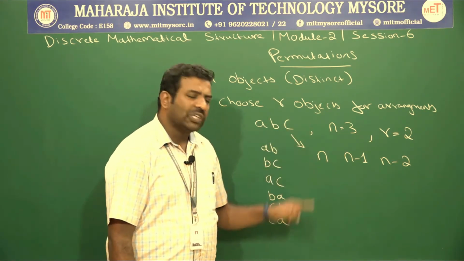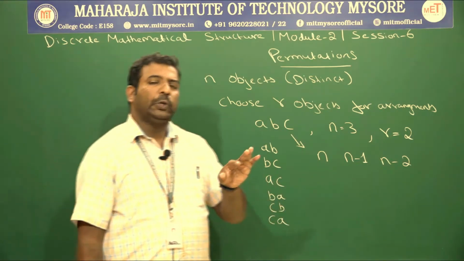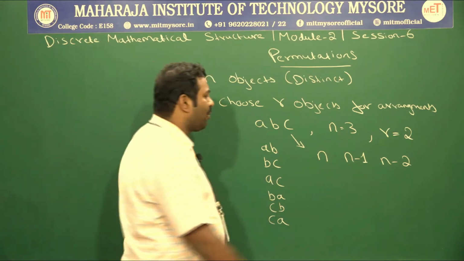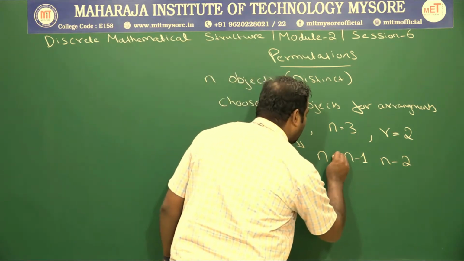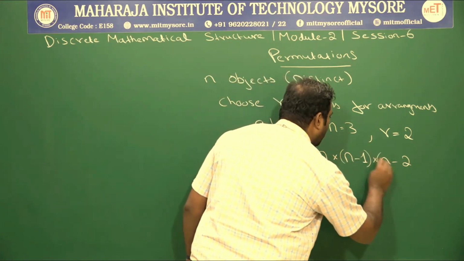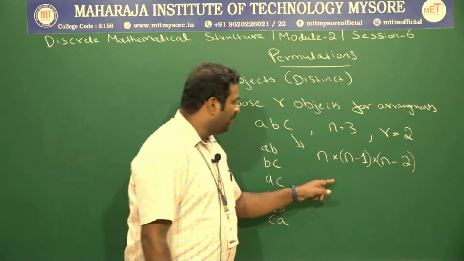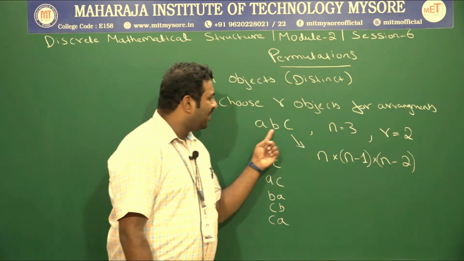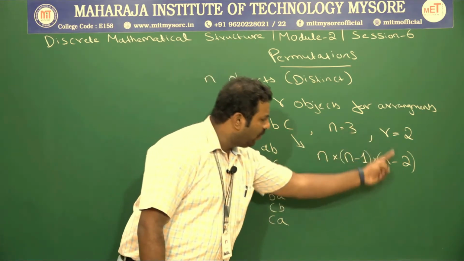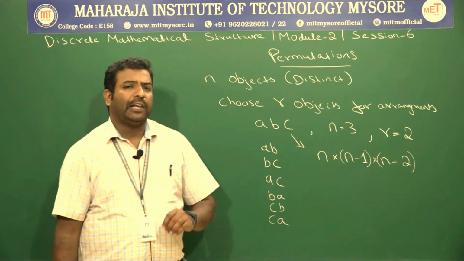And for that case, when I say the keyword along, I am going to make use of the product rule, and this is going to be n into n minus 1 into n minus 2. But just observe here, I said that there are n objects, I need to choose only r objects, but nowhere in this form am I dealing with the value r.